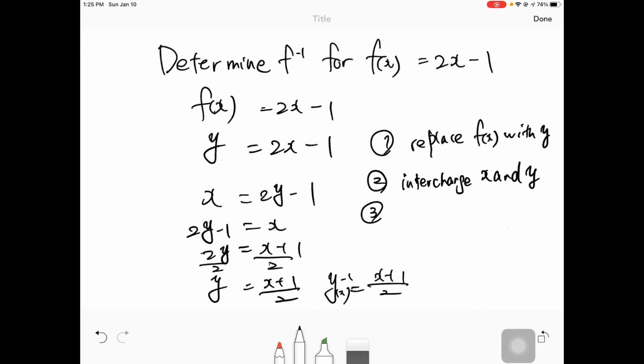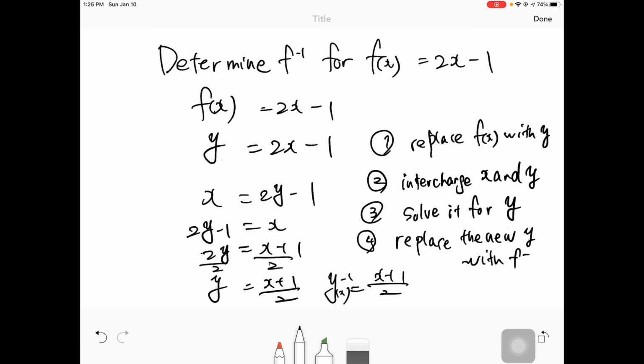The next one, solve it for y. The last one, again replace the new y with f inverse. That's it.